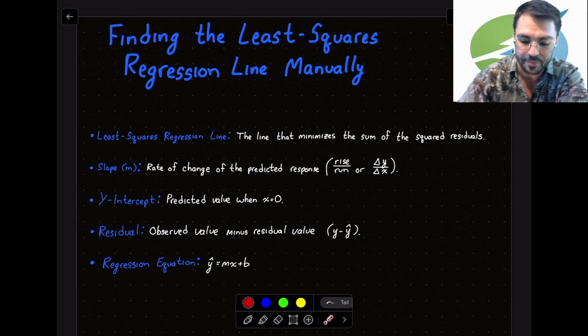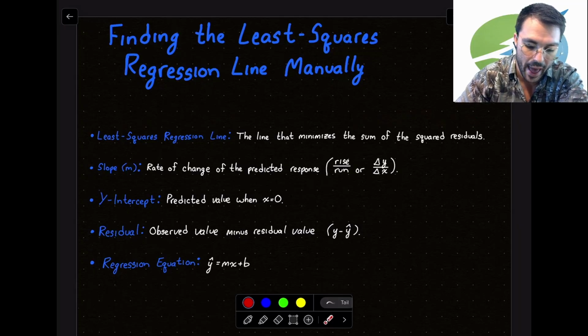At least manually. So some definitions: least squares regression line, the line that minimizes the sum of the squared residuals. The slope m, so our line will be in slope-intercept form, which is y equals mx plus b. Our slope m represents the rate of change of the predicted response.